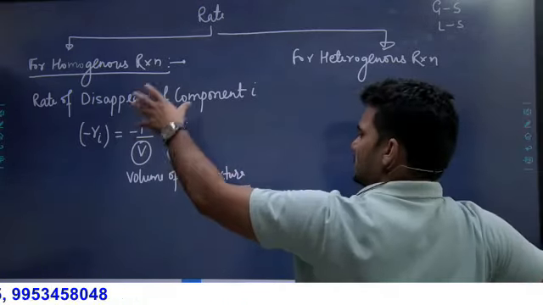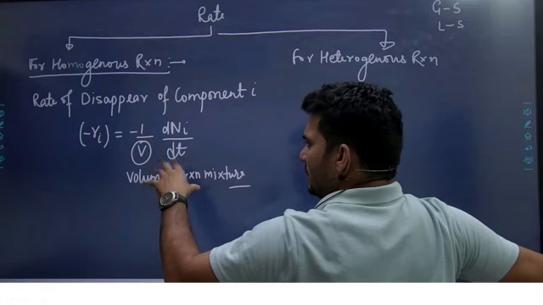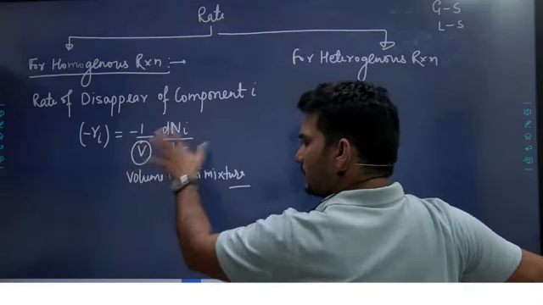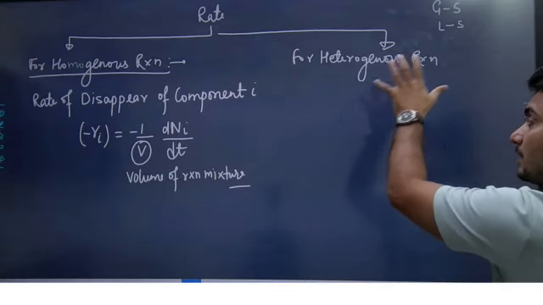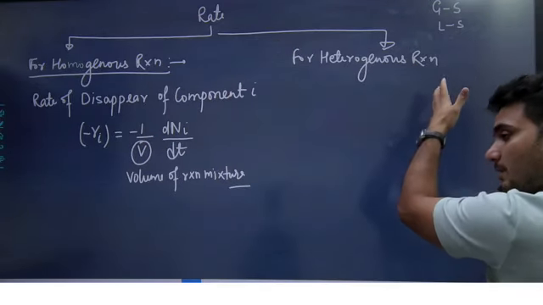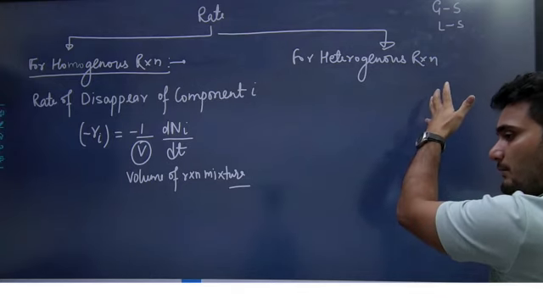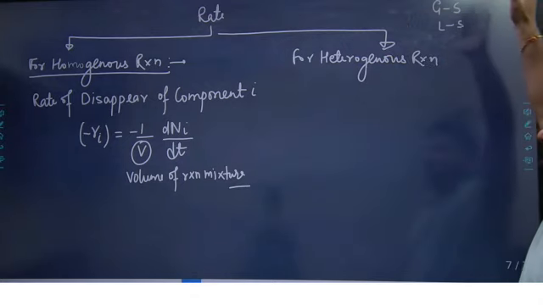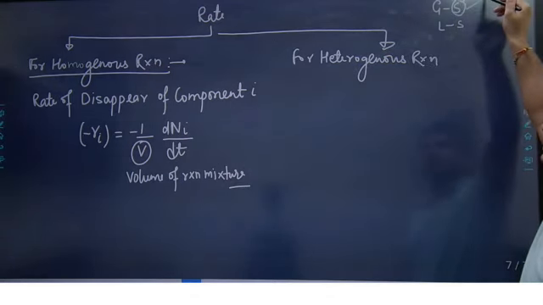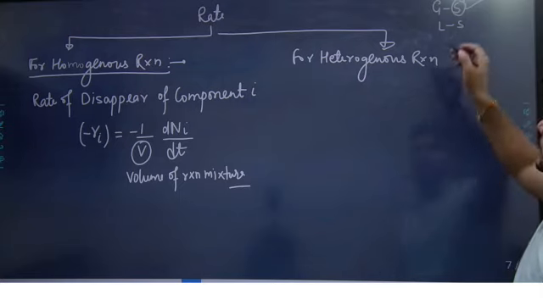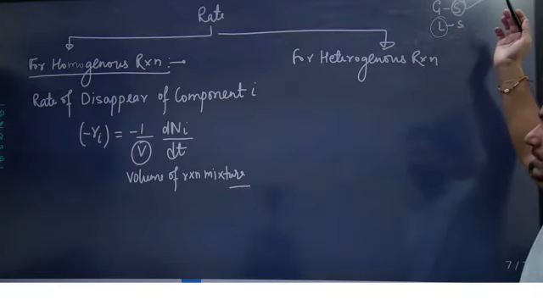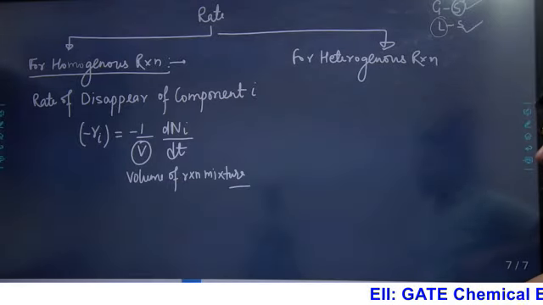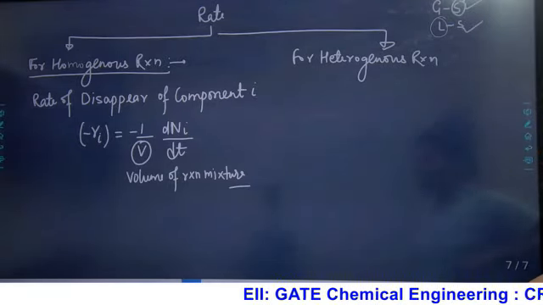For the homogeneous reaction, the reactant as well as the product, this reaction occurs in a single phase. For heterogeneous reaction, the reaction occurs in more than one phase. So the reactant is in the gas phase, the product is in the gas phase, but the catalyst is in the solid phase. Or the reactant is in liquid phase, the product is in liquid phase, but we are using the catalyst in the solid phase. So for such a case, how will we define the rate?